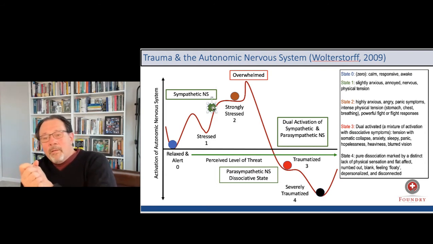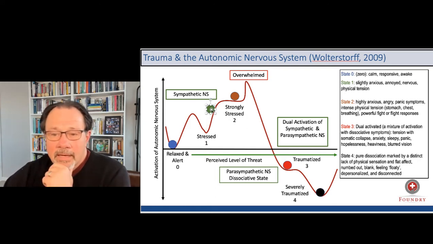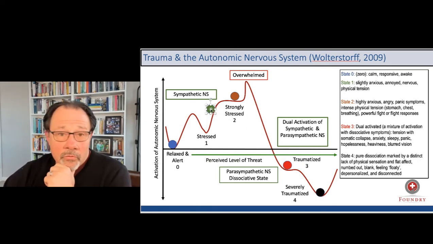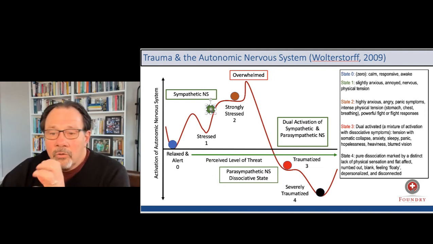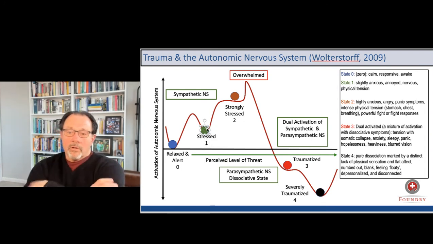And so as a therapist, when I was seeing a lot of clients, one of the rules that I had was that I wouldn't do talk therapy with a client when they were in state 1.5 to state 2. And what we would do is we'd go for a walk. We would do anything we can do to move that marble back down here to where talk therapy would become more effective.